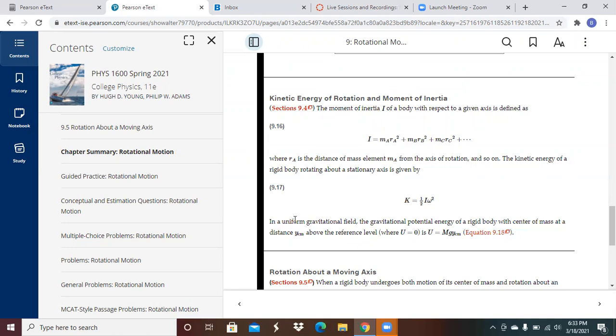Also, in a uniform gravitational field, the gravitational potential energy of a rigid body with center of mass at a distance y sub cm above a reference level, where usually you set the potential energy equal to 0, then U is going to be equal to m g y sub cm. So let's take a look at that.